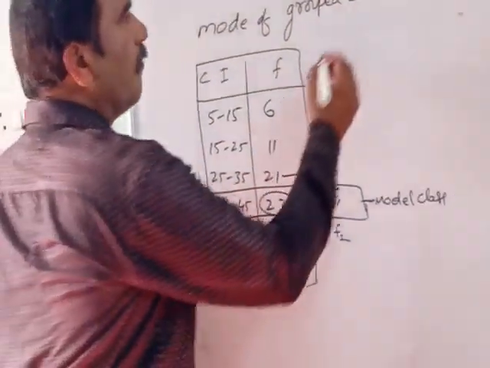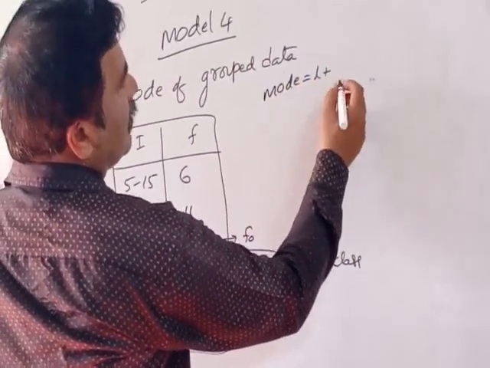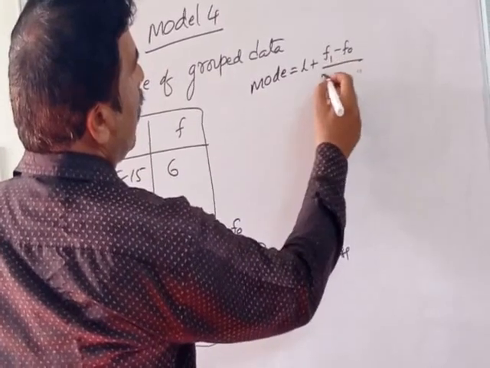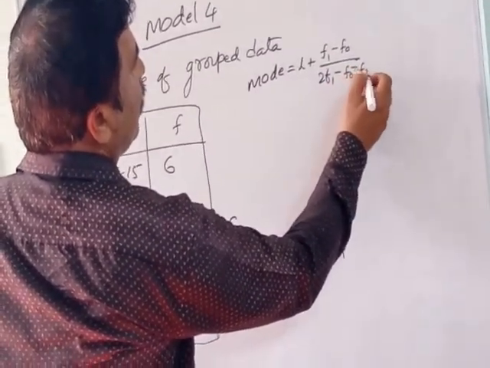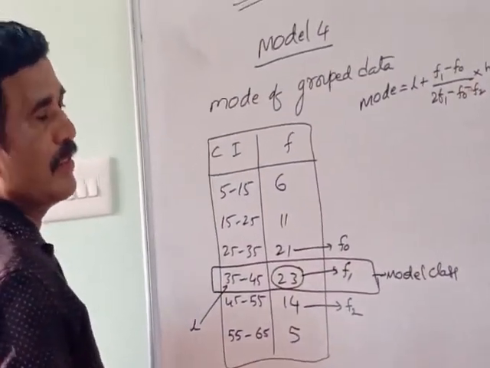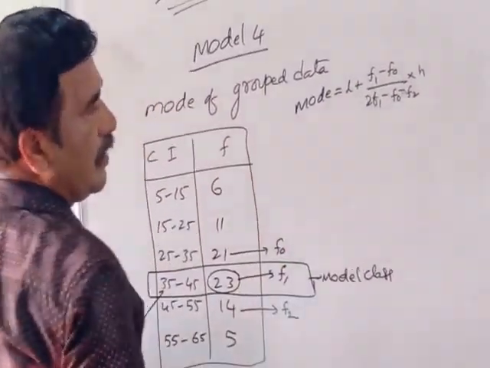Now use the mode formula. Mode is equal to L plus F1 minus F0 by 2F1 minus F0 minus F2, into class size H. Carefully observe, don't bring this L into this calculation.